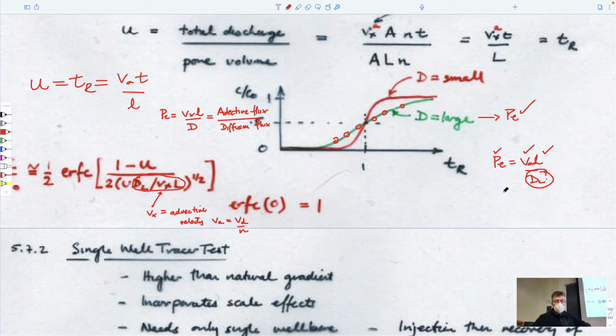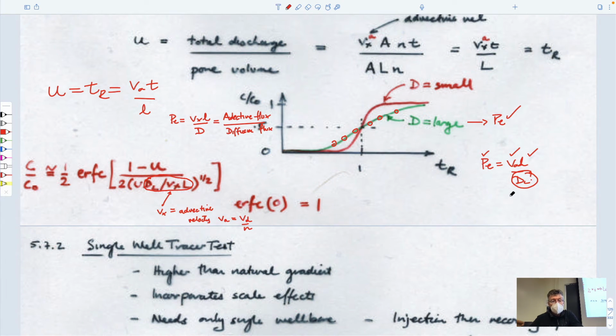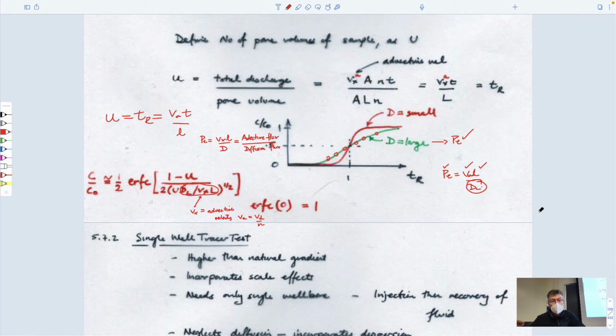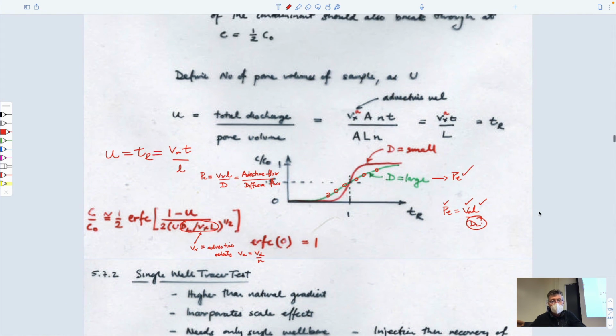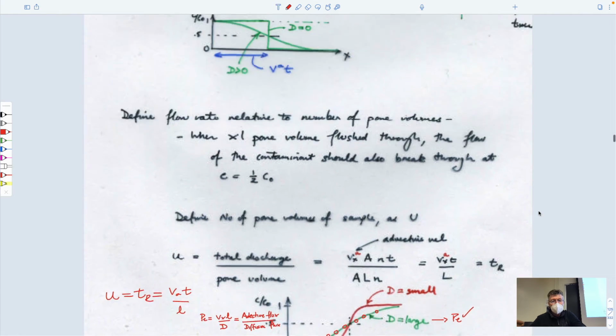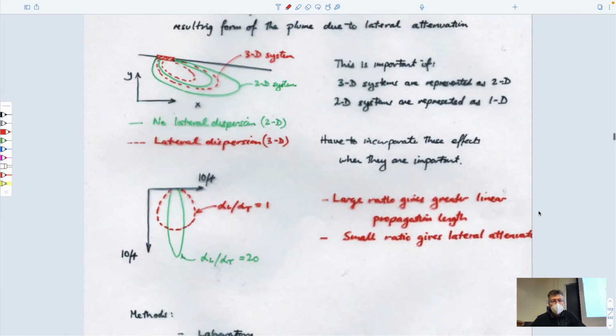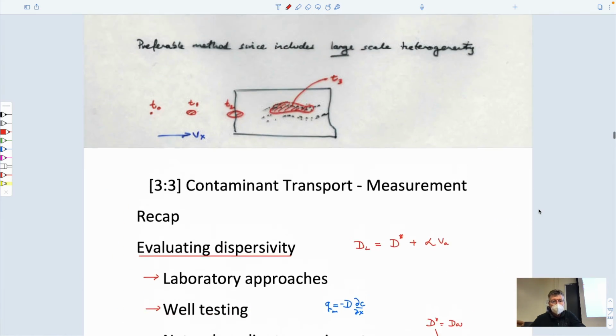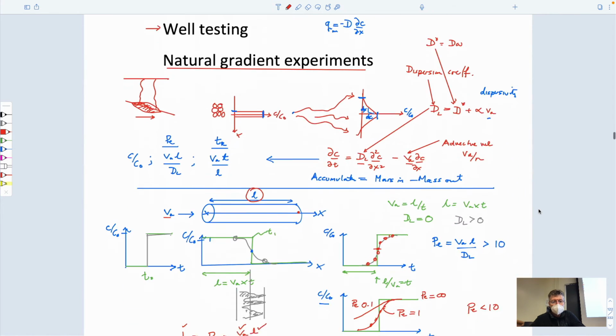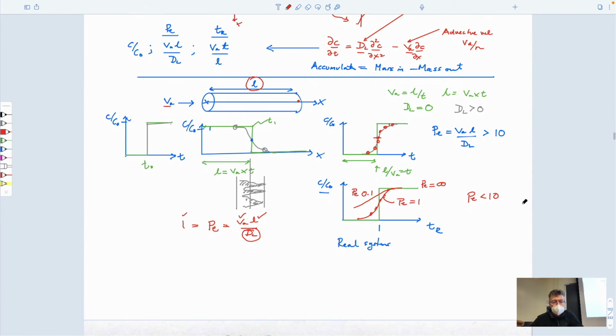So having spent 5 minutes saying that you could do that, I now will follow by 5 minutes saying that you probably never will. And the reason is that when we talked about the form of these curves, I drew this little fingered diagram at the bottom.